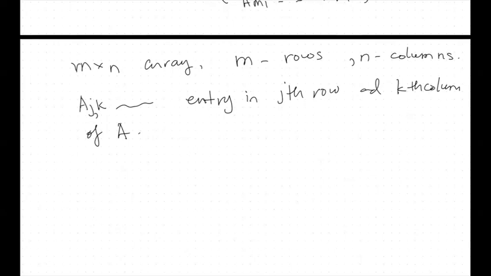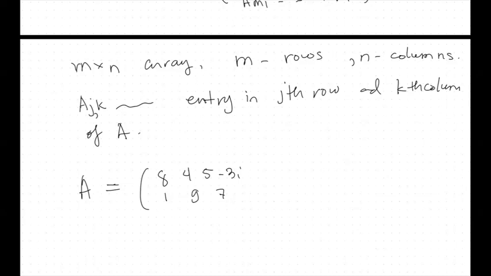For example, we have our matrix where the number of rows is 2 and the number of columns is 4. So 8, 4, 5, 3i, and then 1, 9, 0, 7.